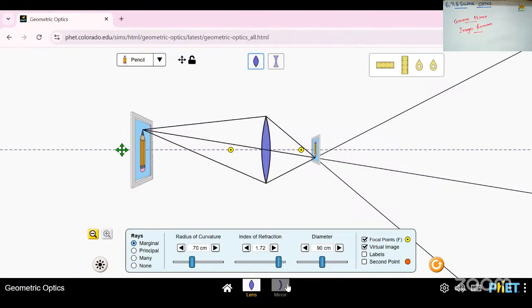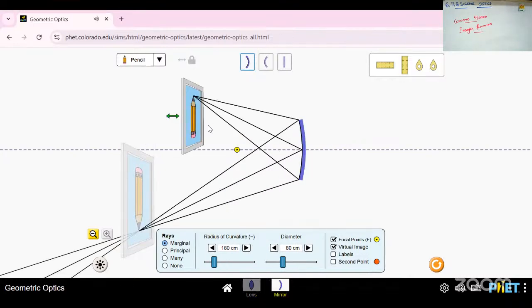So next one, going to choose the mirror. So this is the plane mirror. This is not concave or convex. This is normal. Plane mirror, how is the image formed in this area? How are images formed in a plane mirror?